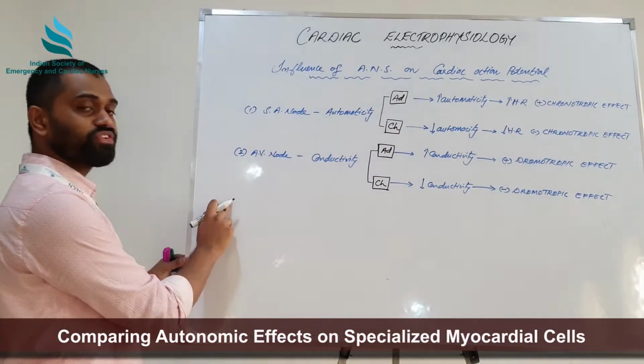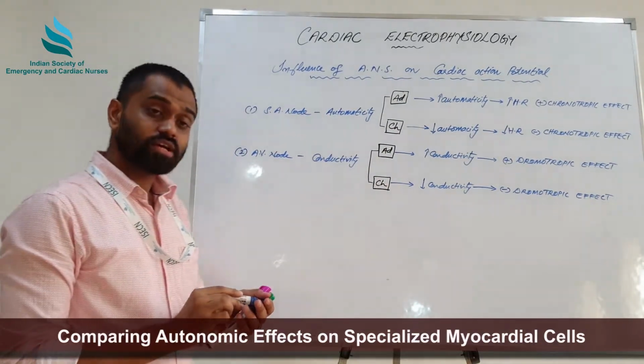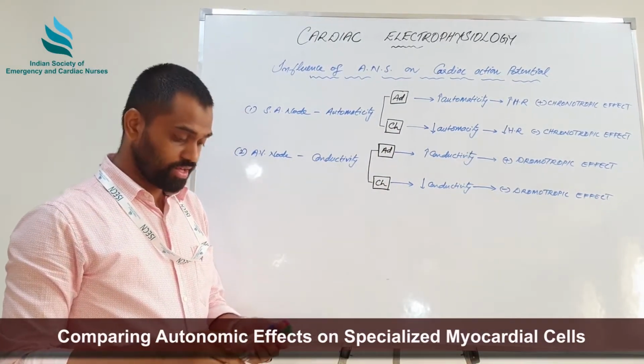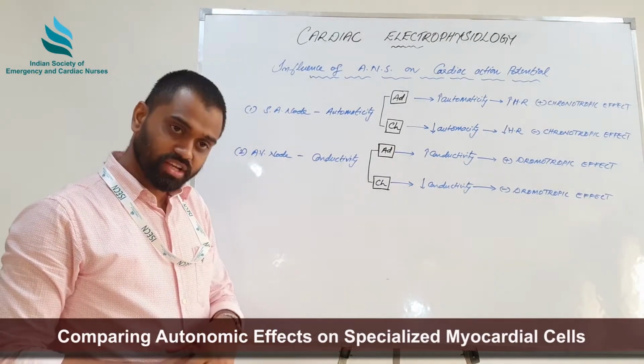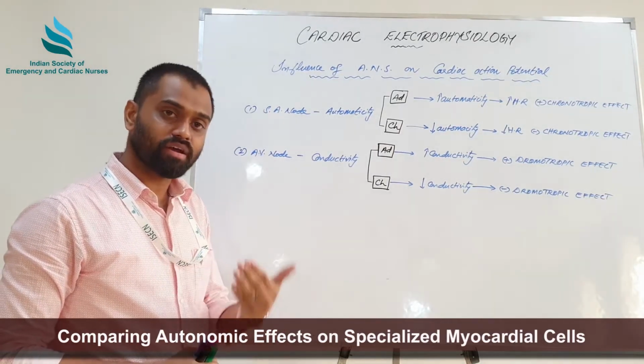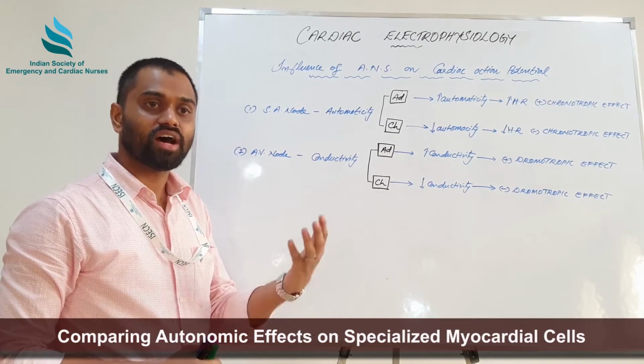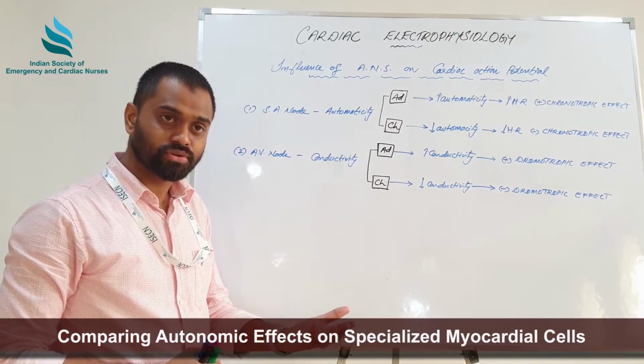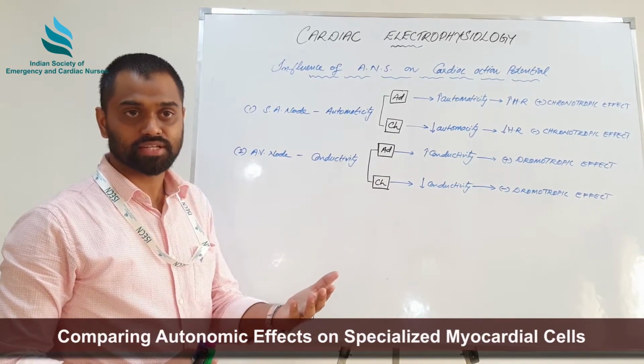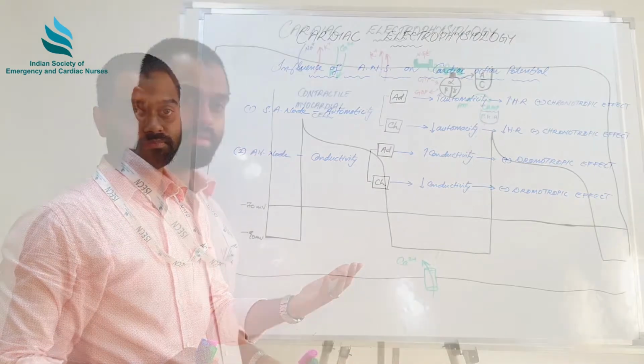Now, the last one we have is contractile myocardium. So let us see what influence the contractile myocardial tissue will have under the influence of sympathetic and parasympathetic stimulus.